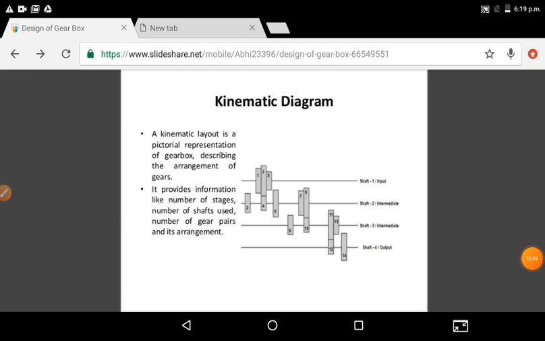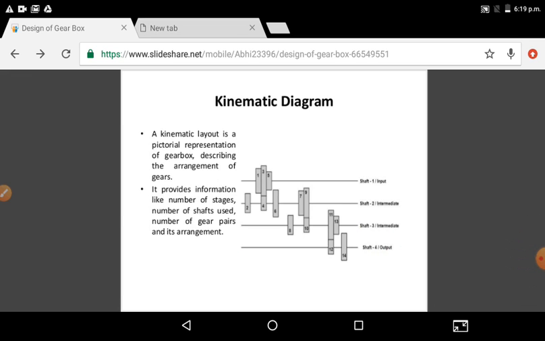Now the kinematic diagram. A kinematic layout is a pictorial representation of the gearbox describing the arrangement of the gears, right? As per the output of the structure diagram and speed chart, we can plot the kinematic diagram as shown in the figure.